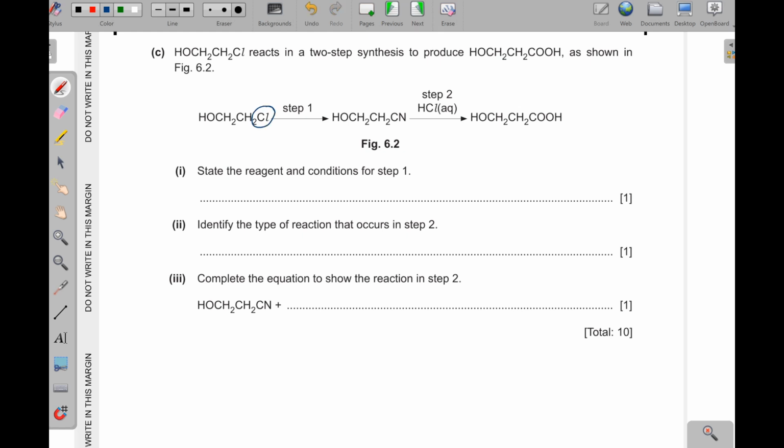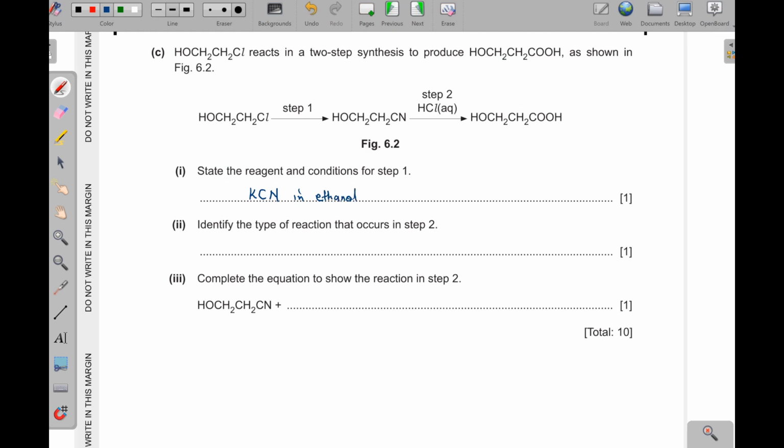The chlorine here, the halogenoalkane, turns into a nitrile. Then after that, you put the HCl and hydrolyze this one, and it becomes a carboxylic acid. Roman 1, state the reagent and the conditions. The reagent has to be potassium cyanide in ethanol.